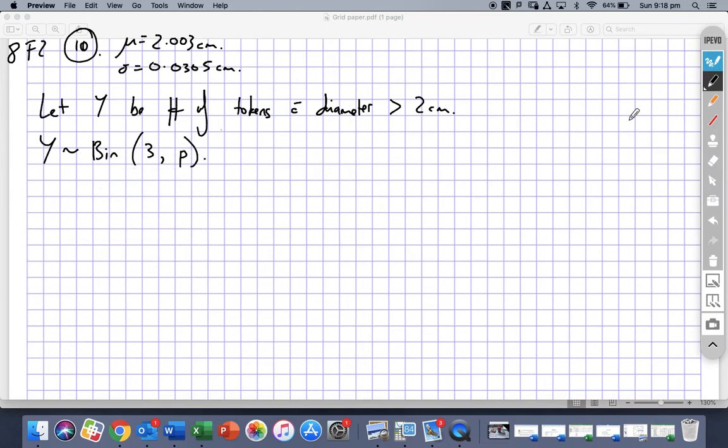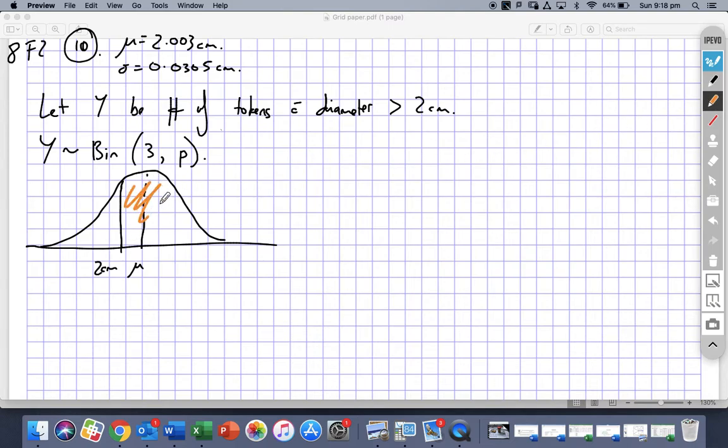Because this is a normal CDF and the old calculators don't have to work from the left. They can do it this way. So there's your mean, but 2 centimeters is a bit lower than the mean. It's going to be a bit more than, oh, not that much. That's a terrible drawing, isn't it? I'm sure it's only just a bit bigger than 50%.